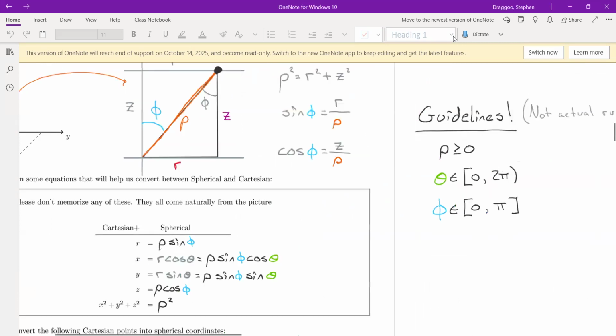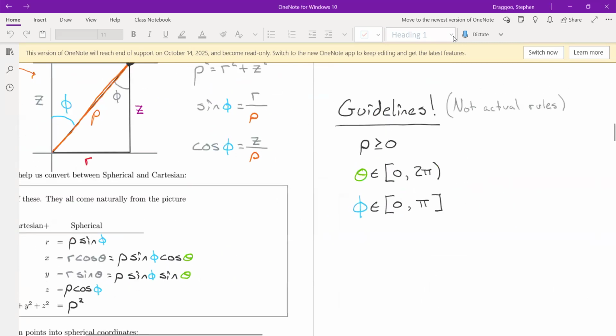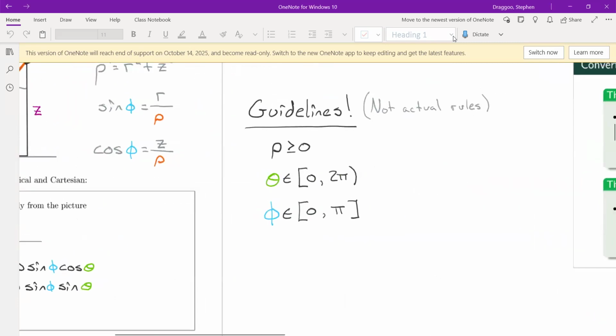And I almost forgot to talk about our guidelines, so let's do that. Again, these are going to be guidelines, not actual rules. But in order to cut down on repetitiveness, and so that we don't spend too much time trying to describe the same points with multiple parameters, where possible, we're going to use these guidelines.